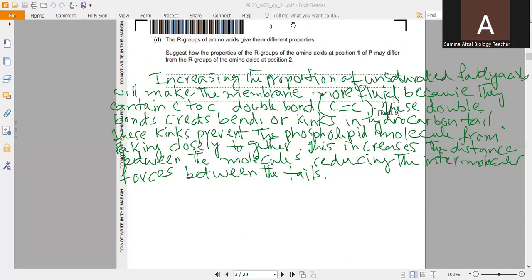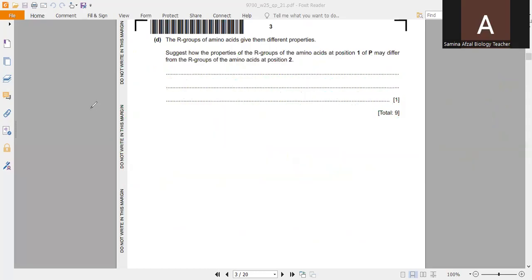So here question number 1 part D is: the R groups of amino acids give them different properties. So suggest how the R groups of the amino acids at position 1 of P may differ from the R groups of the amino acids at position 2.